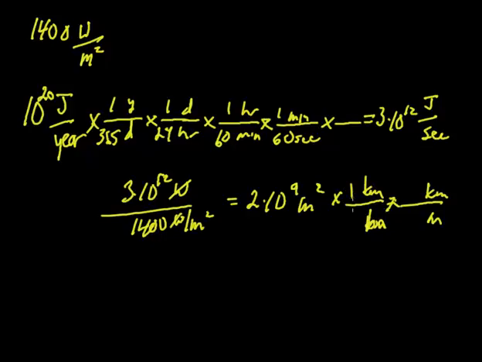This is 1 in 1,000, or 10 to the 3, and another 10 to the 3. So we're really talking about 2 times 10 to the 3 kilometers squared, so 2,000 square kilometers.